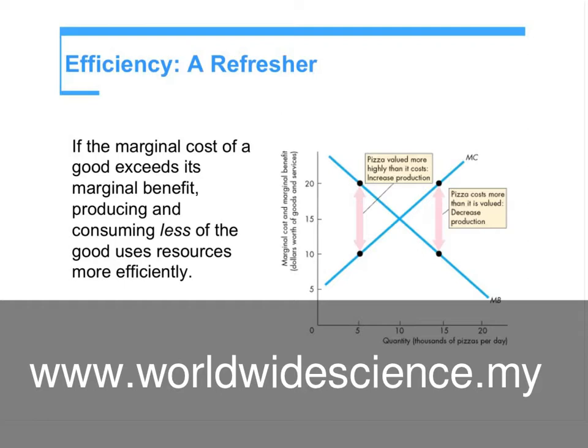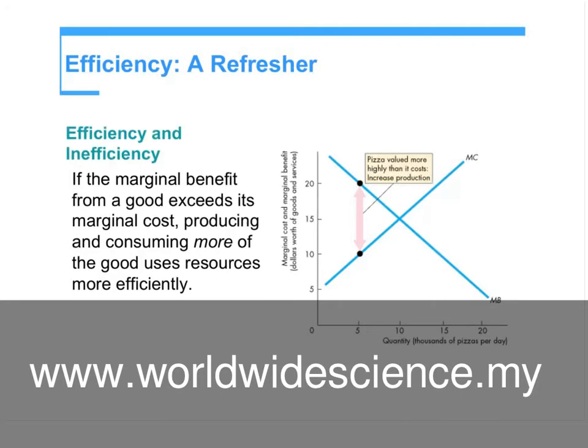You see here, on the left-hand side where the pink arrow is, your marginal benefit, which we said is the amount of benefit you get out of using one extra unit of a product or resource, is more than your marginal cost, which is the amount it will cost you or the amount of value you have to forgo to be able to produce this certain good rather than the other good, right?